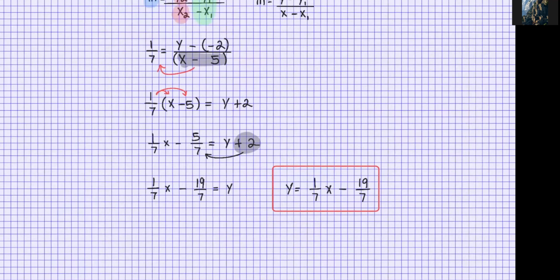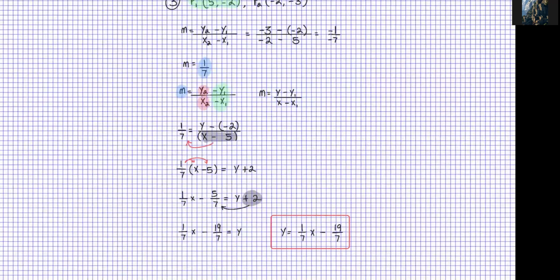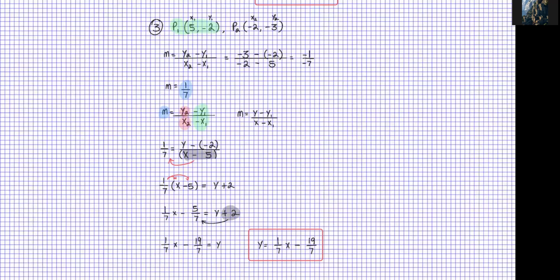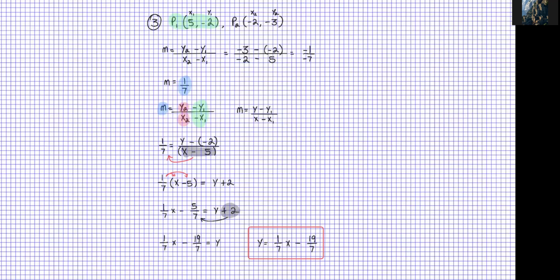This is what you have to do when you want to get the slope-intercept form equation when 2 points are given. Now let's see our fourth variation.